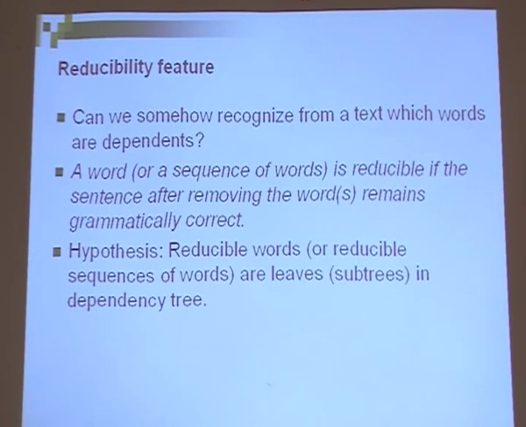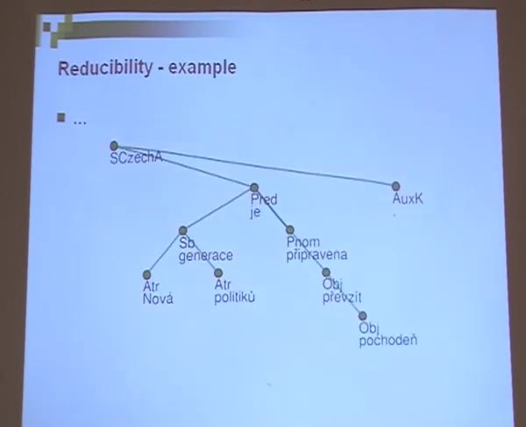A hypothesis is that reducible words or reducible segments are leaves or subtrees in the dependency tree, which is not true for every word, but at least for adjectives and adverbs.